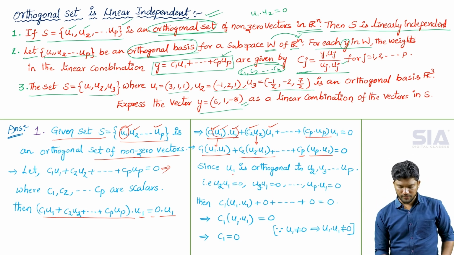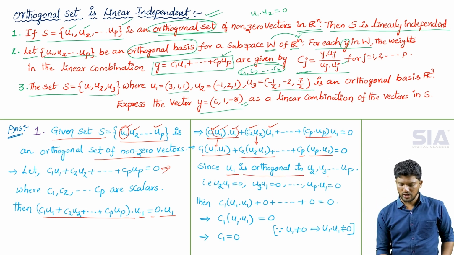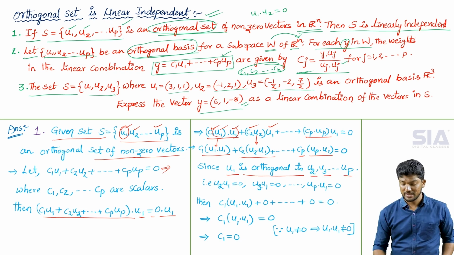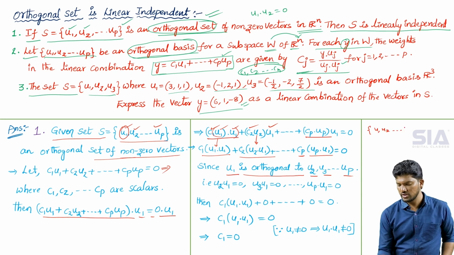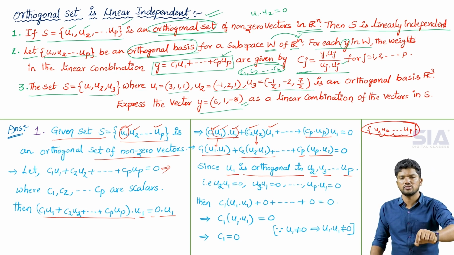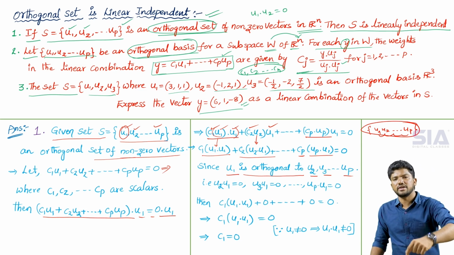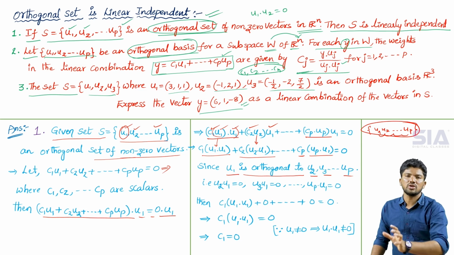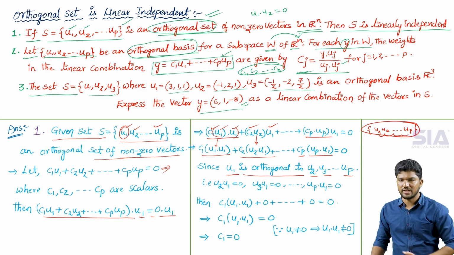Since u suffix 1 is orthogonal to u suffix 2, u suffix 3 up to so on u suffix p. Why? Because clearly we are taking that set u1, u2 up to so on u suffix p as an orthogonal set. Orthogonal set means each and every vector forms the orthogonal condition with respect to every other vector. If you take the first vector u suffix 1, that first vector forms the orthogonal condition with the remaining vectors.